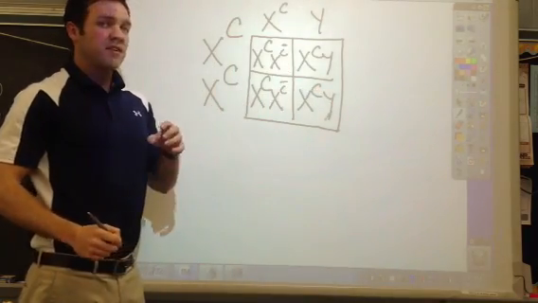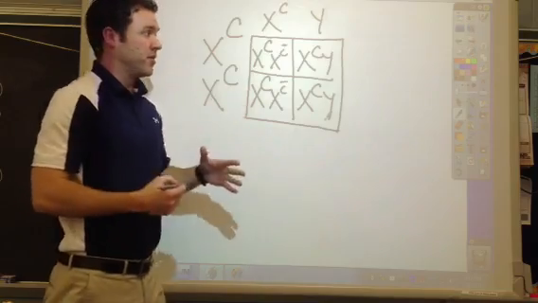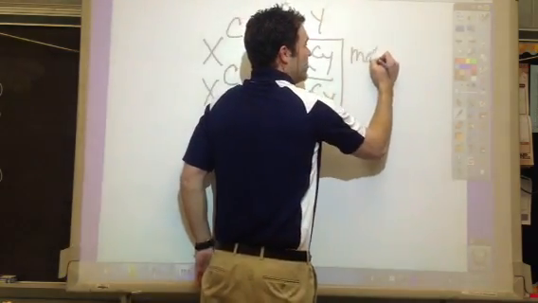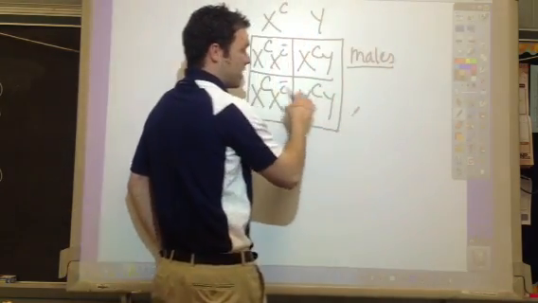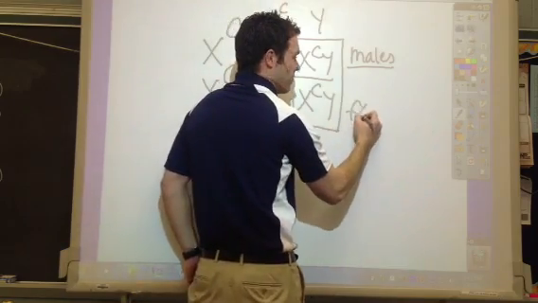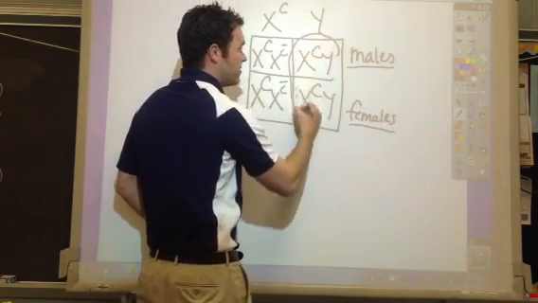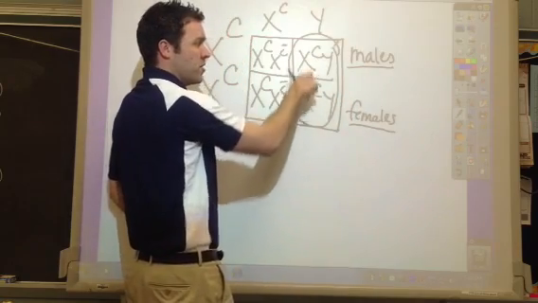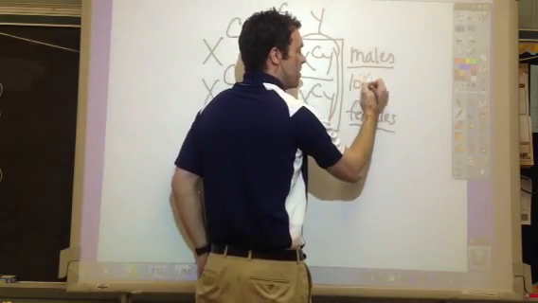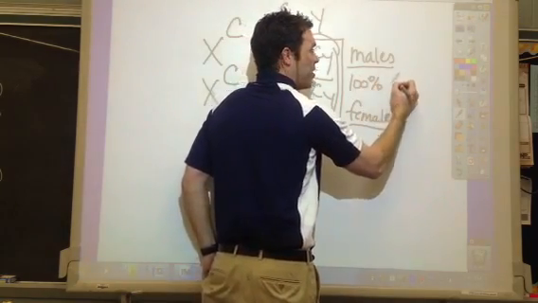The last thing you need to know is how to phenotypically separate them. When these are written out phenotypically, because you know the gender, you have to separate your phenotypes based on gender. So if I look at the males, there are two sets of males. Both of them are normal vision. So you can say 100% of males are normal.